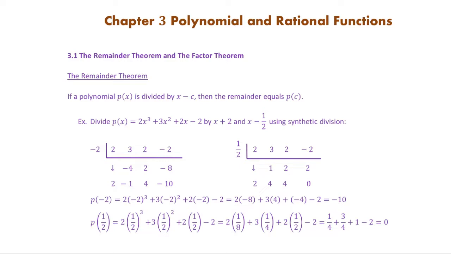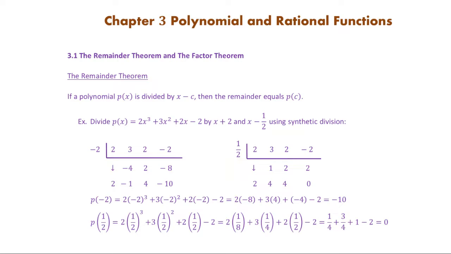We can also find the remainder of this division by plugging negative 2 for x in the dividend p. So if you do that, you're going to get p of negative 2 equals 2 times negative 2 cubed plus 3 times negative 2 squared plus 2 times negative 2 minus 2. So negative 2 cubed is negative 8, so you get 2 times negative 8 in the first place.